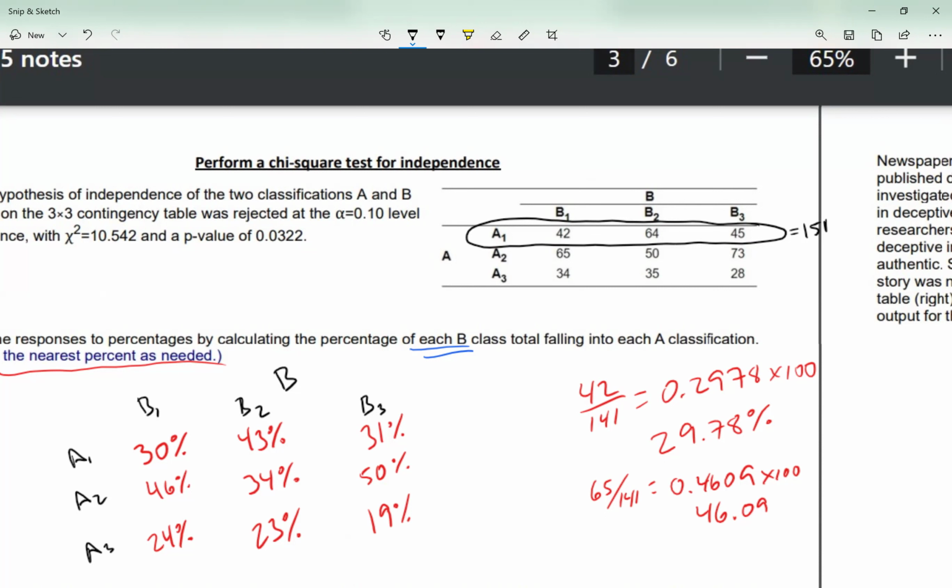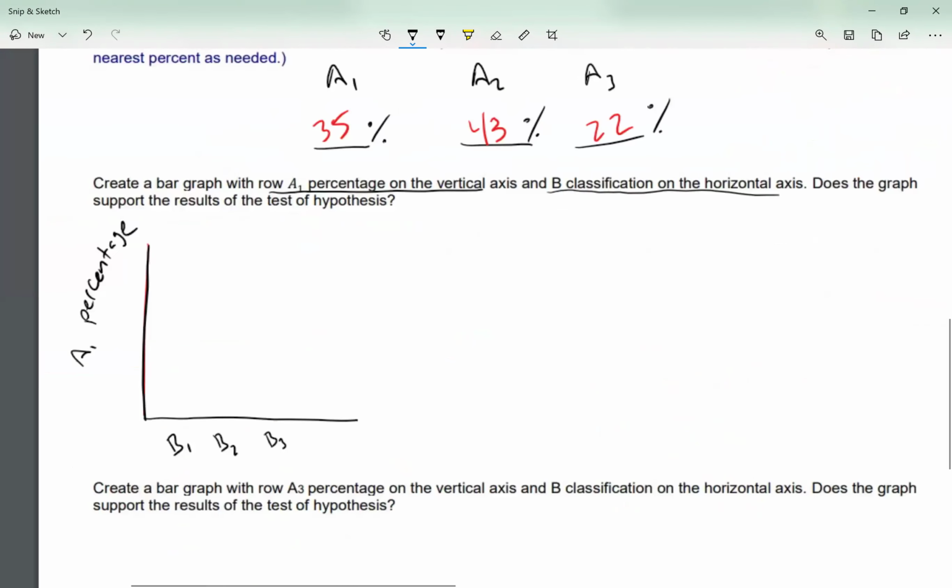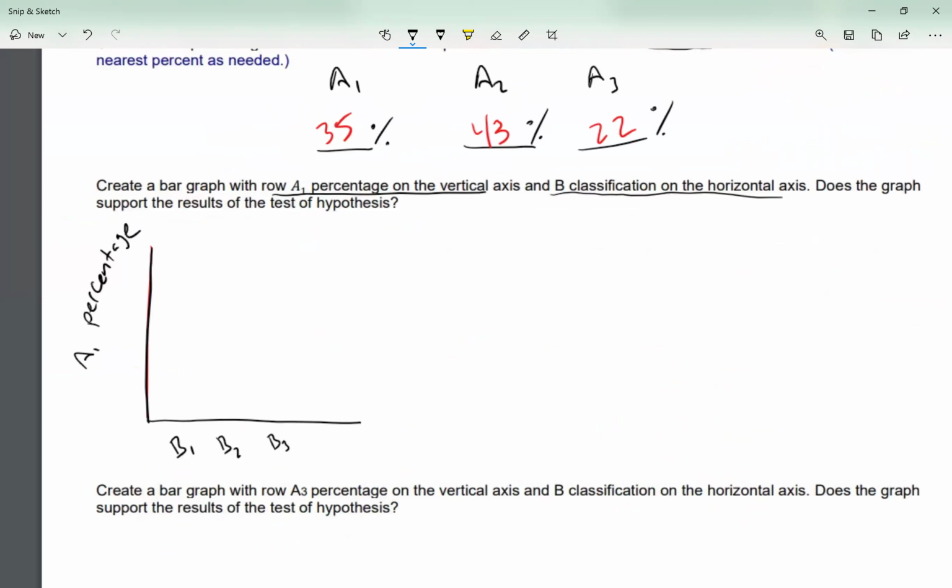So for my percentages, looking at my A1 percentages, I'm going to go for the first one, 42 divided by 151. For the second one, 64 divided by 151. And for the third one, 45 divided by 151. So again, for my B1 value, 42 divided by 151.